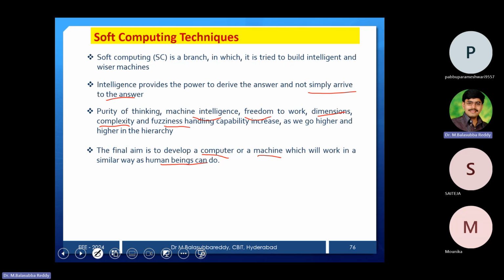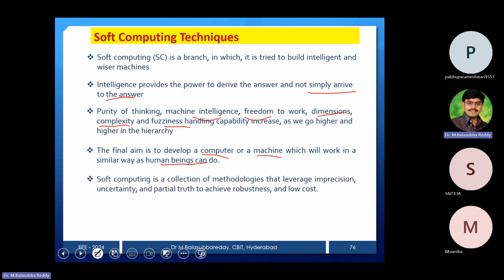How the human will work, or be trained, or learn from experience and learn from the errors, so it will adjust its results. All these things happen in the case of soft computing techniques. That is the reason we can say it is like a human brain.